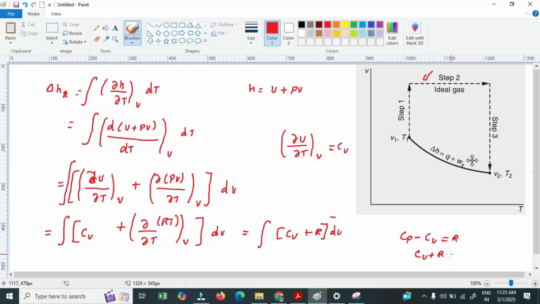Now this equation can be written as integral of Cp, sorry, this is dT, not dV, dT. Now I can use the equation to find the enthalpy from T1 to T2, and this Cp value we have already taken from the textbook. I'll be rewriting that, so this equation can be applied.